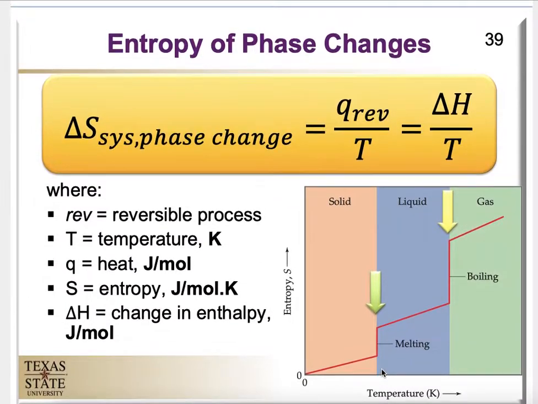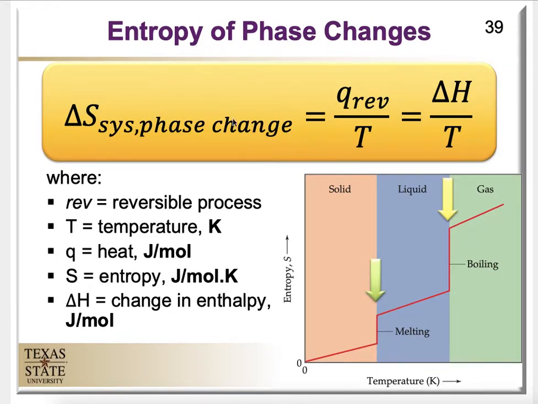The entropy change with a phase change. From the previous page, we were calculating the entropy change for the surroundings. In this slide, I'm showing you how to calculate the entropy change for the system if you have a phase change as opposed to a chemical reaction. A phase change means that you have, let's say, water changing from solid to liquid.